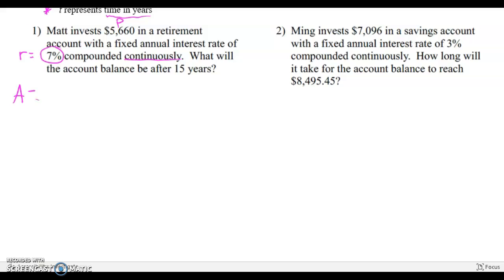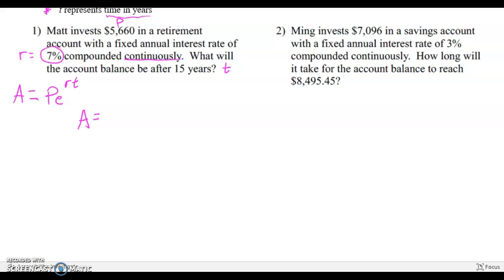So we're going to use A equals P times e to the rt power. That's your base e, like natural log base e. What will the account balance be after 15 years? 15 years is how much time you're going to leave the money in. So we're finding how much money will be in the account after 15 years.